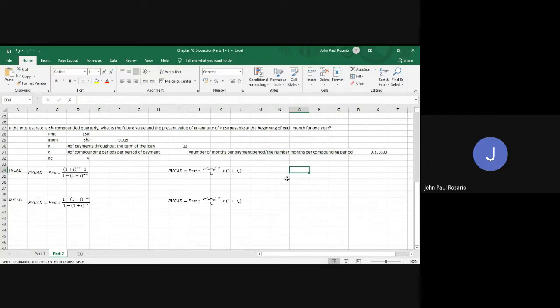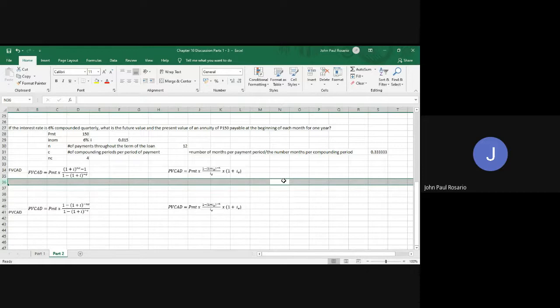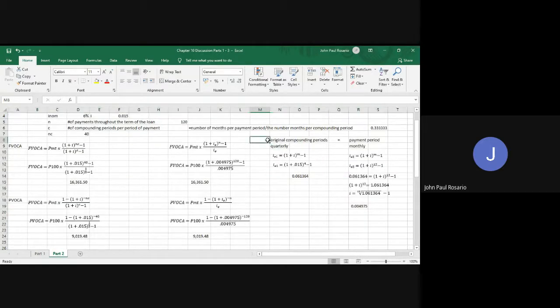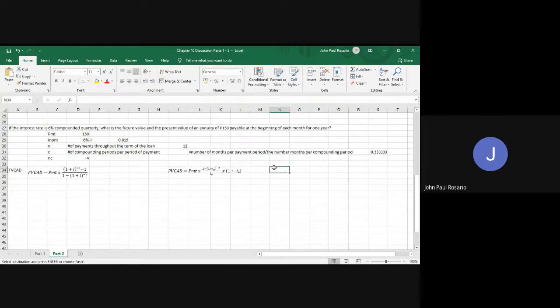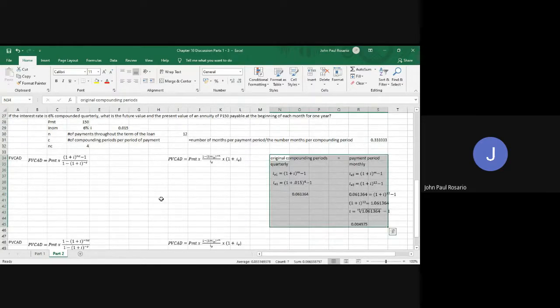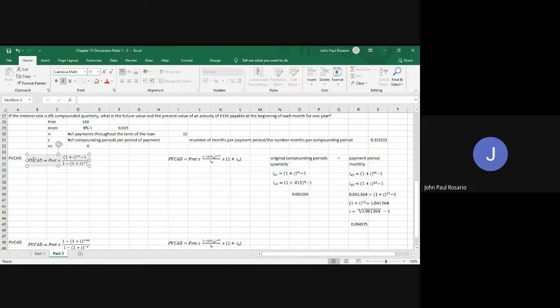But before I copy that, let me move this further down. Okay, so with this, let's proceed to solving our future value of complex annuity due.